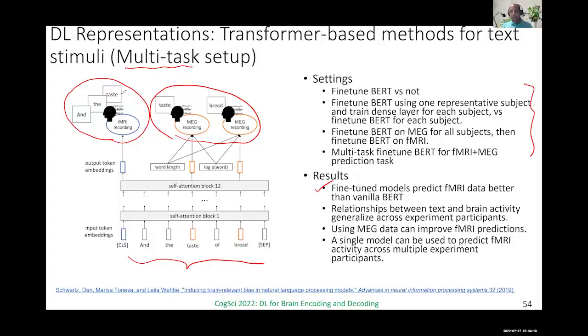Better than that, you fine-tune it on some sentences and fMRI training data, and then test it on other fMRI instances. Relationships between text and brain activity generalize across experiment participants, so you could train models on some participants and apply them to others. That's nice. Using MEG data can actually improve things, so this multitask setup helps. And a single model can be used to predict fMRI activity across multiple experiment participants. So that's the nice part.